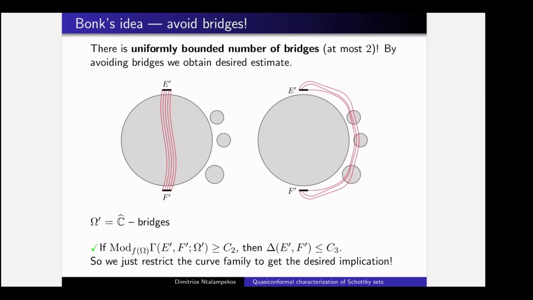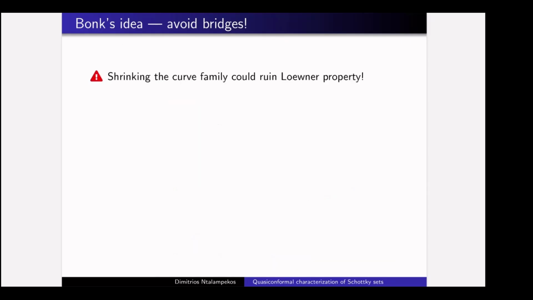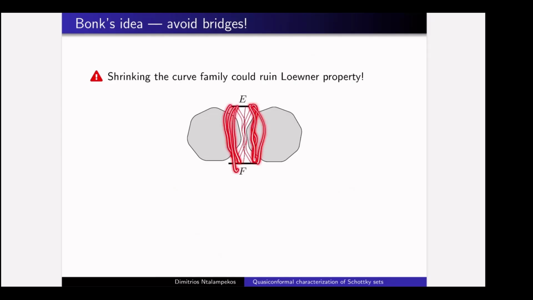But now this causes another problem: when you make the curve family smaller, you might destroy the Leibniz property. Remember this phenomenon? In order to ensure that this modulus was large, we wanted to be able to use curves that travel through the boundary components. But if you cannot do this, then we're back to the same problem of narrow passages.